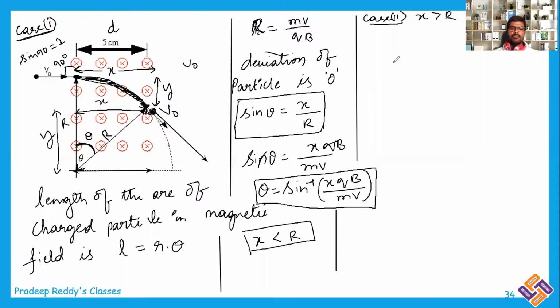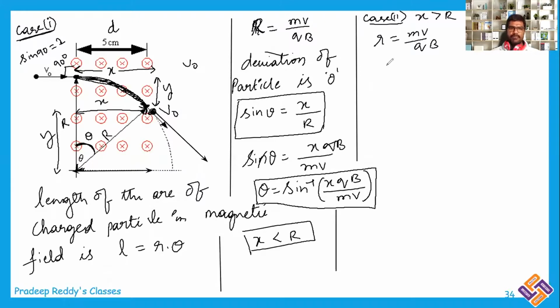In such cases, r will however remain the same: R is equal to mv divided by qB, where r is the radius of the charged particle's path.